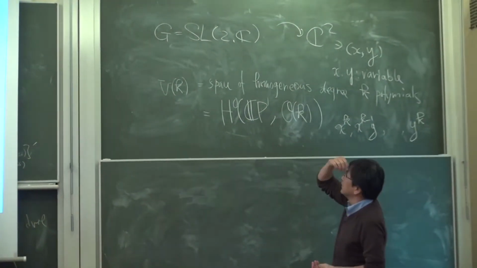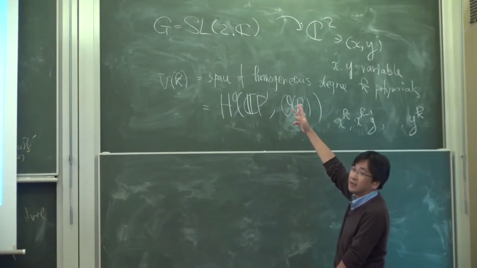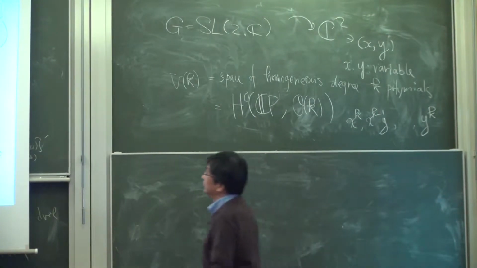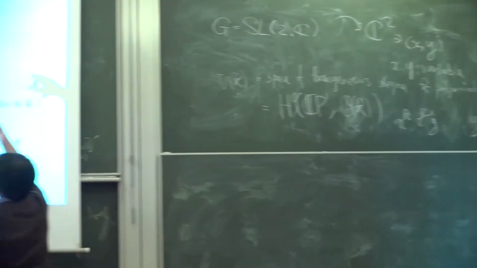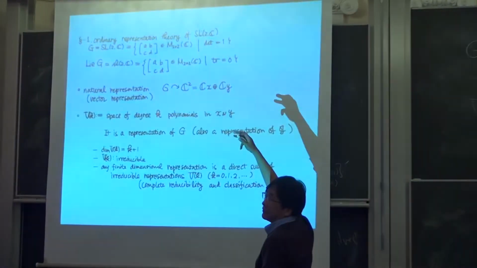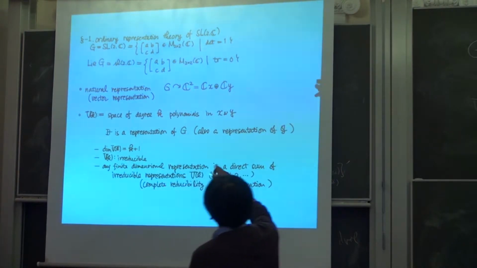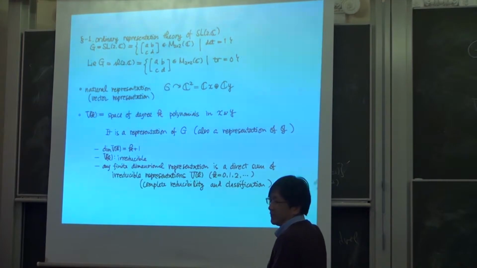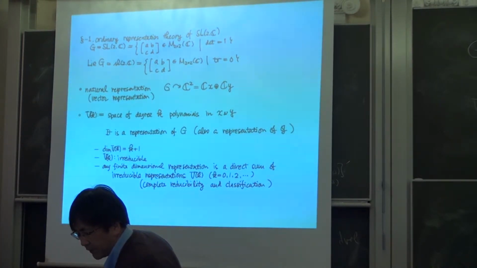You can obtain the Lie algebra action by differentiating the action of the Lie group. If you have an element x in the Lie algebra, the exponential of t times x is an element in the Lie group, and you differentiate by t to obtain an action of the Lie algebra.